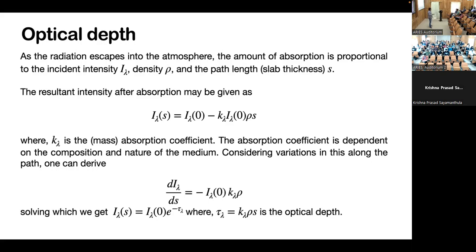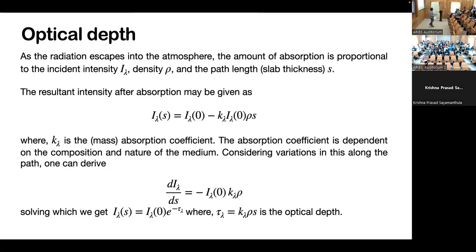Initial intensity, of course. If the initial intensity is more, which means the energy per unit area is more, then certainly more energy can be absorbed. But for more energy to be absorbed in the layer above, there should be enough material too, so it depends on the density of that material. And what else? Yes, the distance traveled by the light. Another parameter is K lambda, the absorption coefficient.